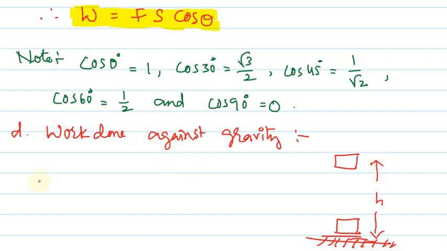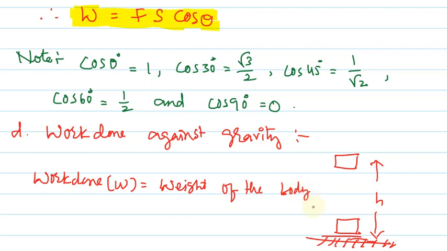Then here work done W is equal to, in lifting this body, the weight of the body into the vertical distance.